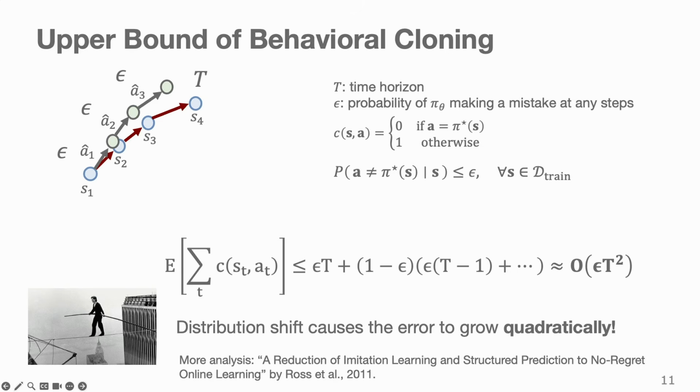And if you aggregate all these probabilities, the expected total error doesn't grow linearly, but it actually grows quadratically, which is very bad. So it's epsilon t squared. And so this doesn't necessarily mean that behavior cloning is bad per se, but we can bound its performance, right?